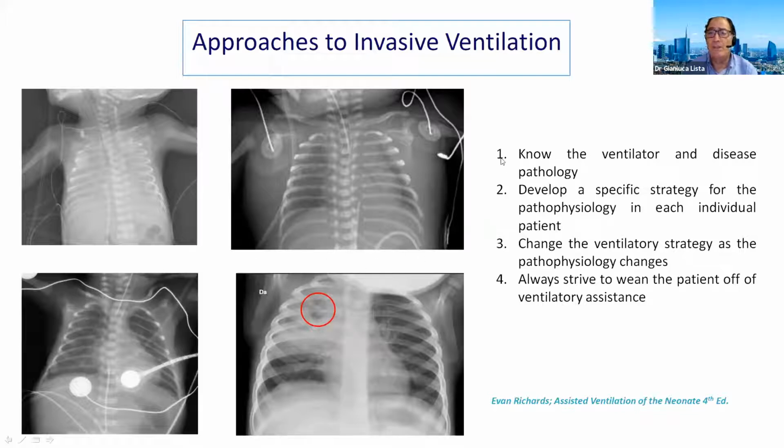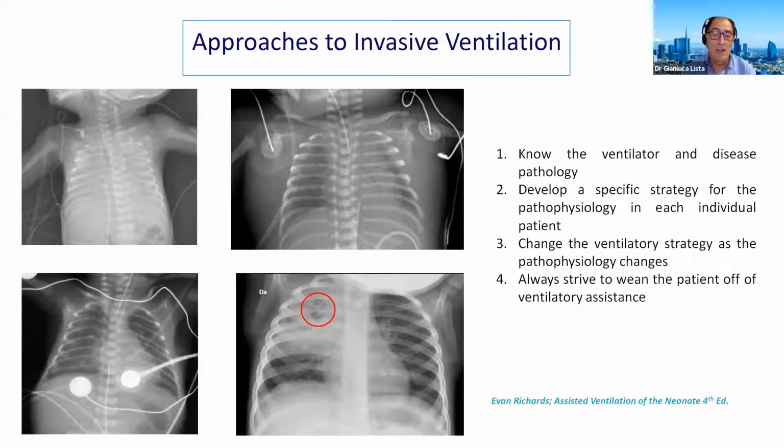So I think it's very important to try to know the ventilator and this pathology, and to develop a specific strategy for the pathophysiology that is underlying for each individual patient, and to change the ventilator strategy according to the changing of the pathophysiology.